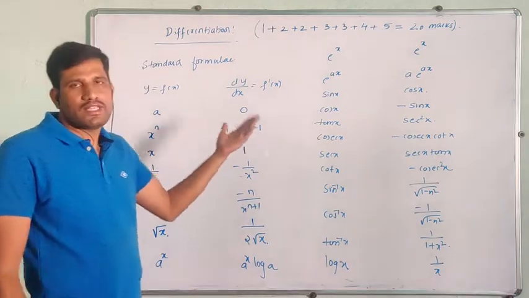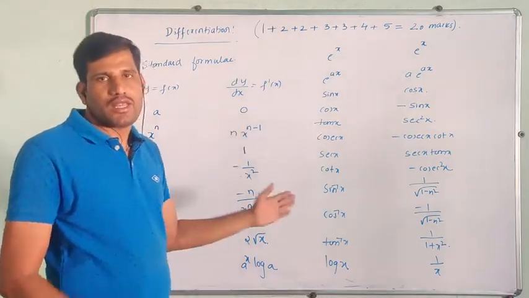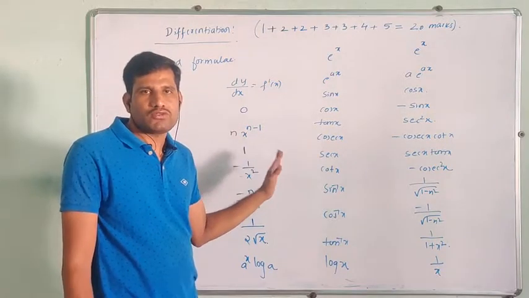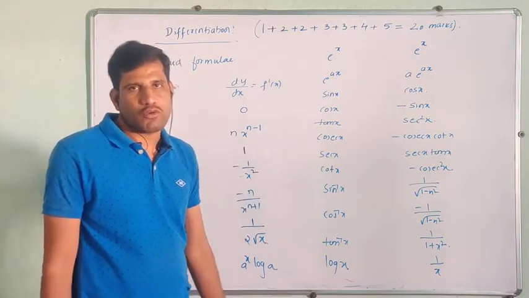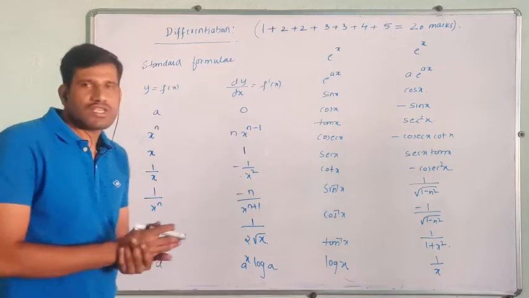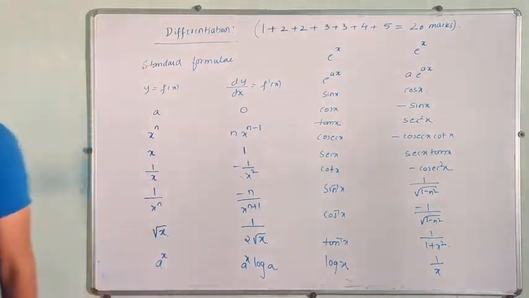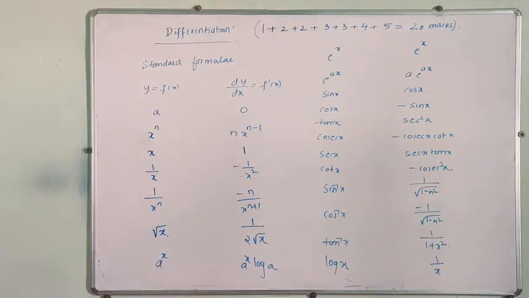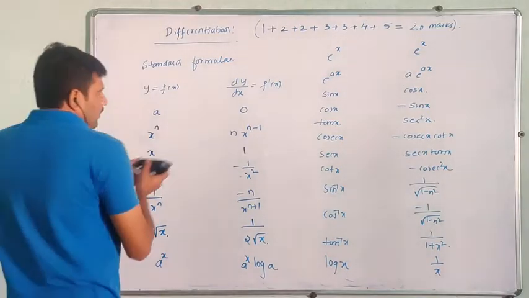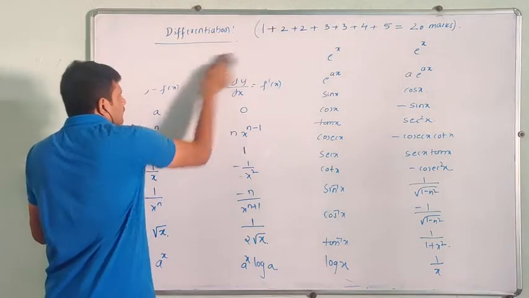Or you write these formulae on 1 page and keep it for reference. Within a few days, you must be very perfect in all these formulae. Right? Now we have some rules of differentiation. Before that, we will see some problems here. See students, you have to write all these formulae and keep them for reference.